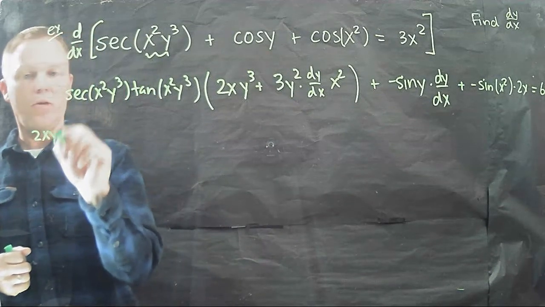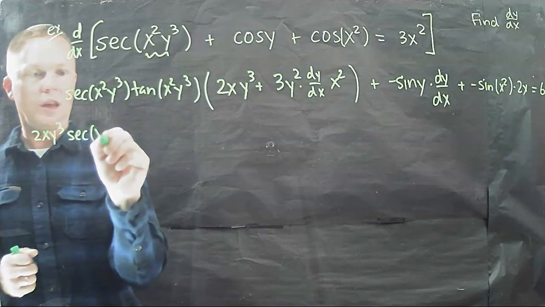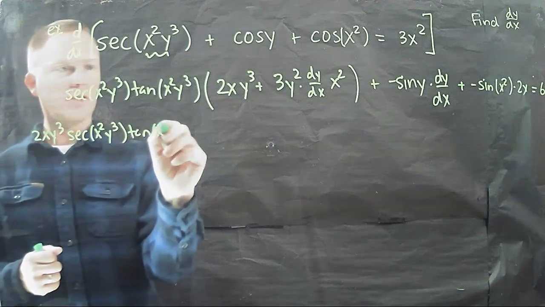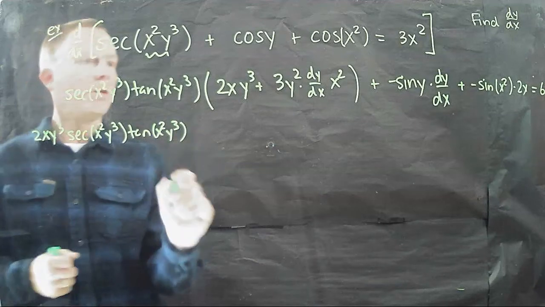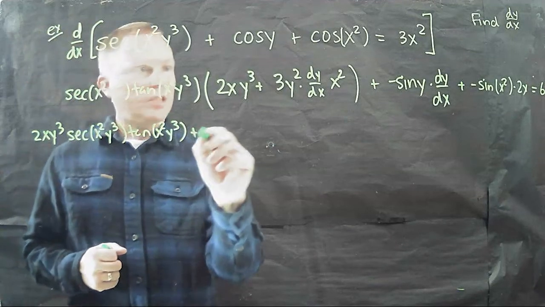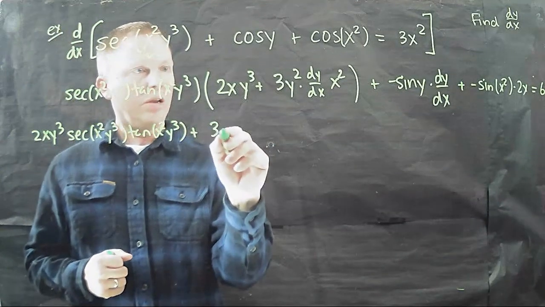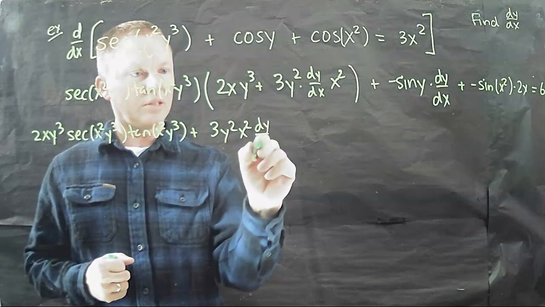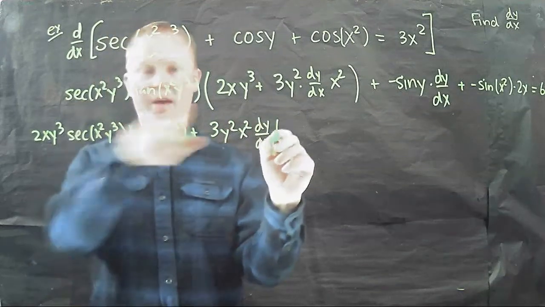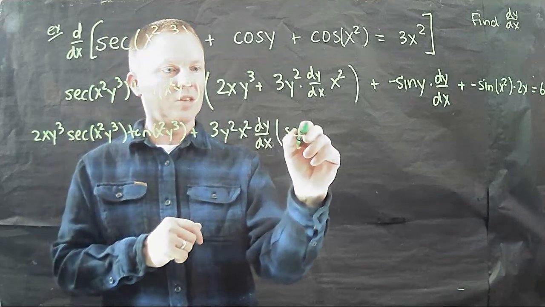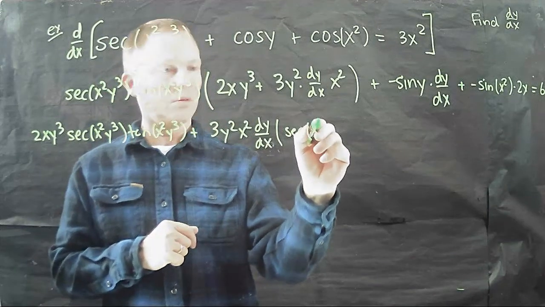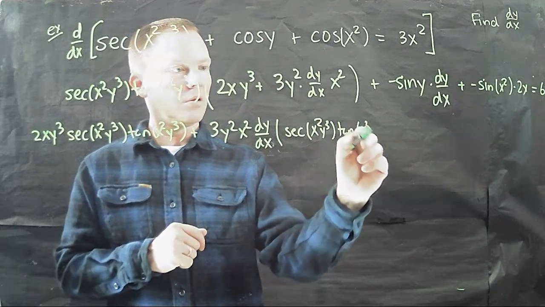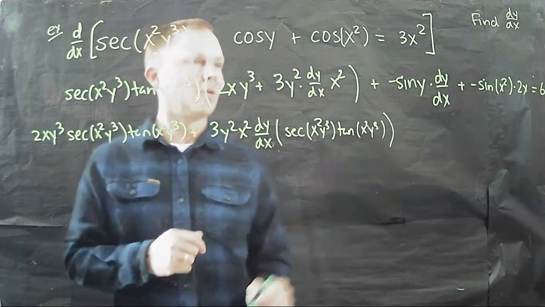So this will be 2x y cubed secant of x squared y cubed tangent of x squared y cubed plus 3y squared x squared dy dx times all that mess, secant tangent. Right?